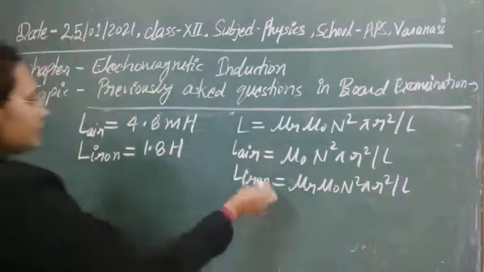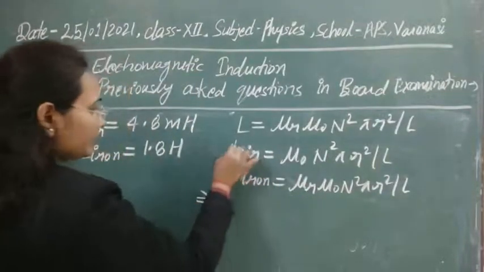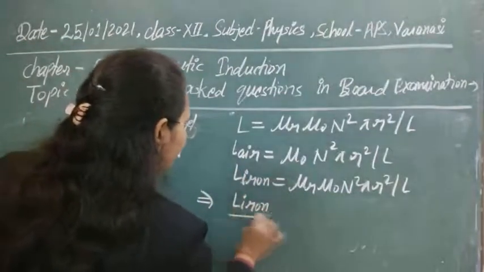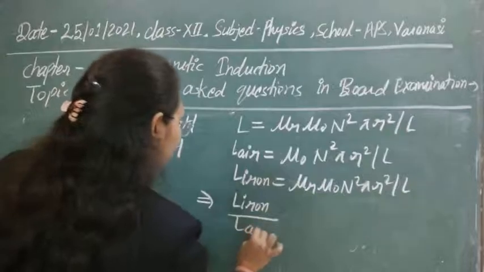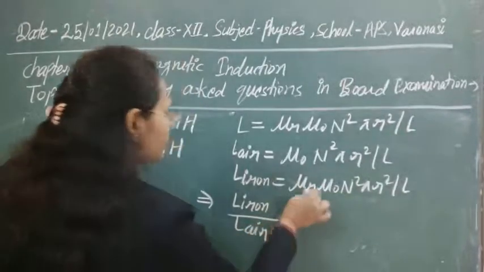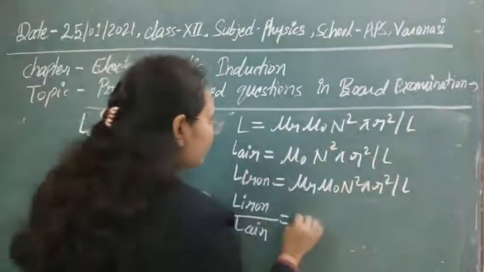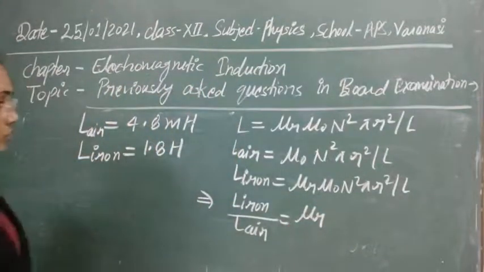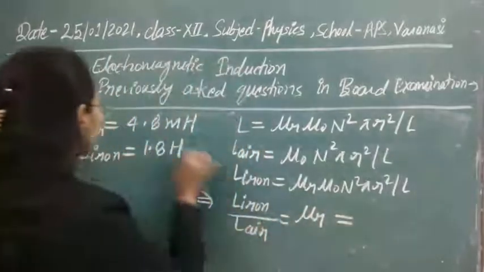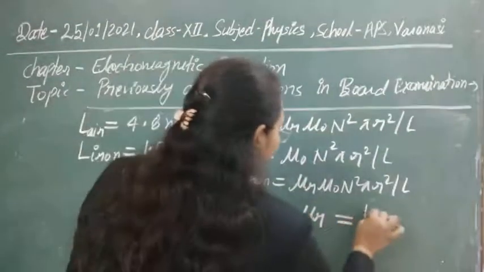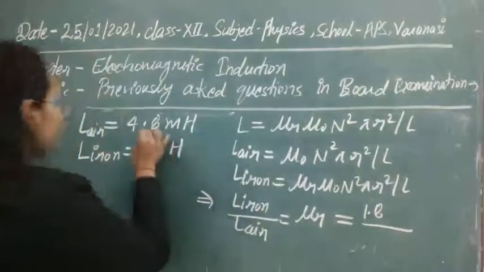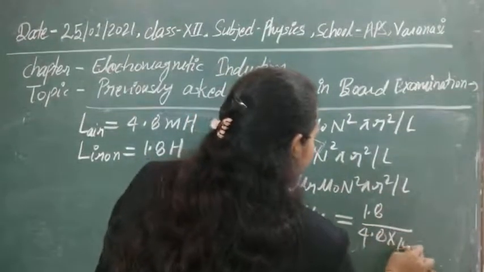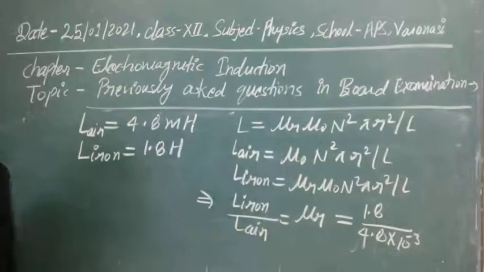Now just divide these two equations. Divide this by this, so we get L iron over L air. All of the other things will cancel out, and this is equal to mu r, which we have to calculate. So the value of mu r will be equal to L of iron, given as 1.8, over L of air, given as 4.8 into 10 to the power minus 3.